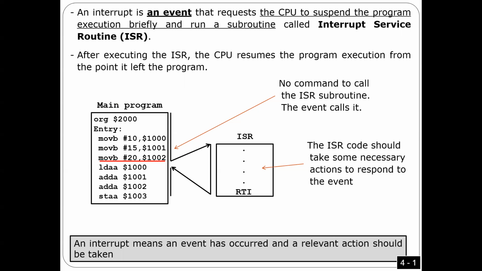This event is going to request the CPU to suspend the program, execute a subroutine called interrupt subroutine, and then resume the program back. So let me elaborate. After executing the interrupt subroutine, the CPU resumes the program execution from the point it left the program.